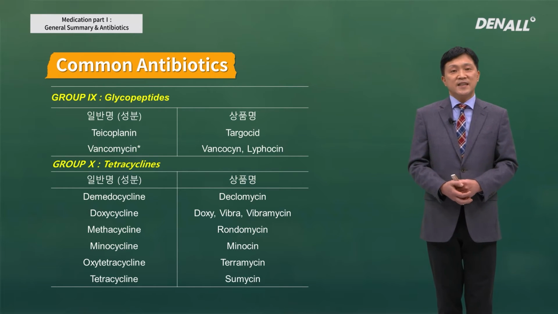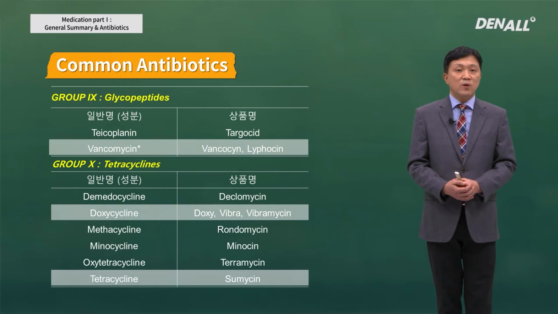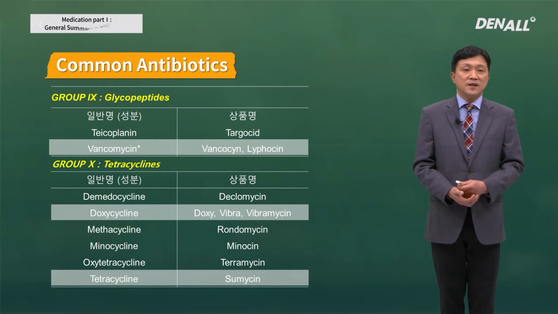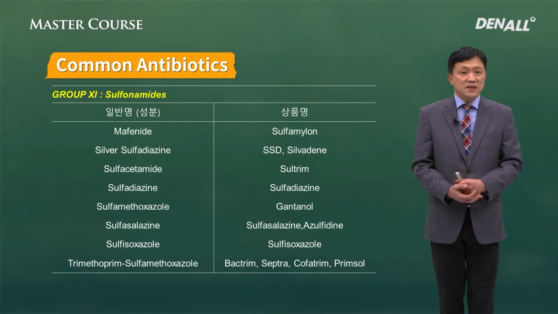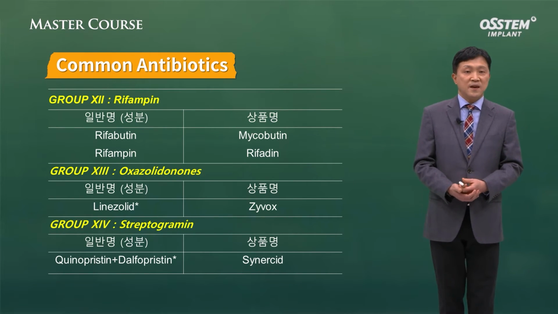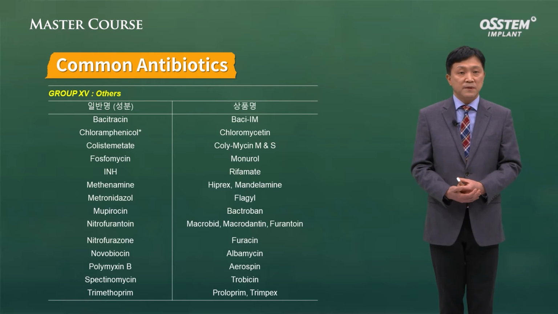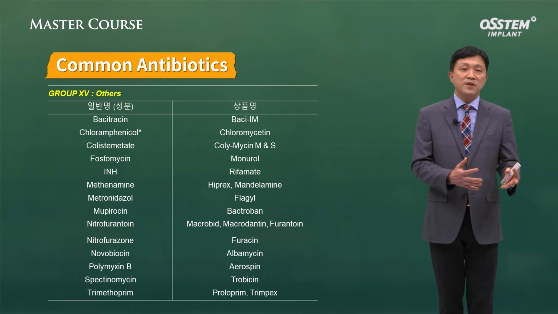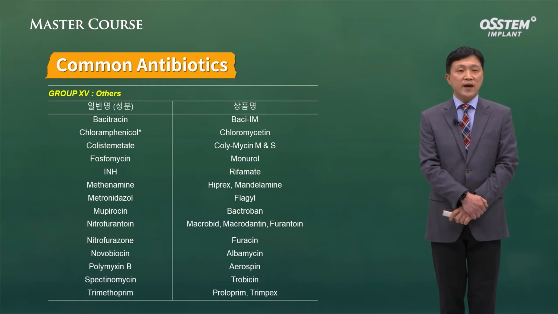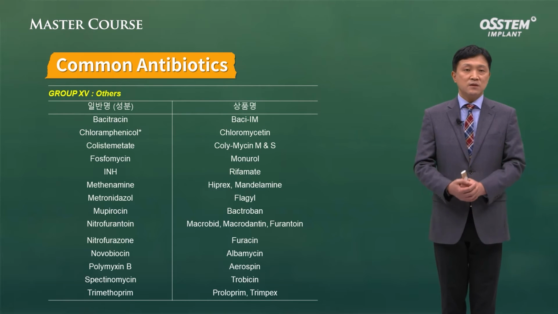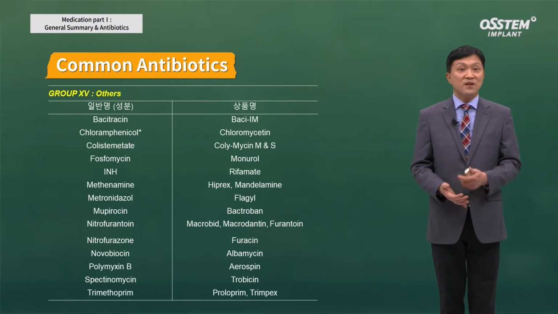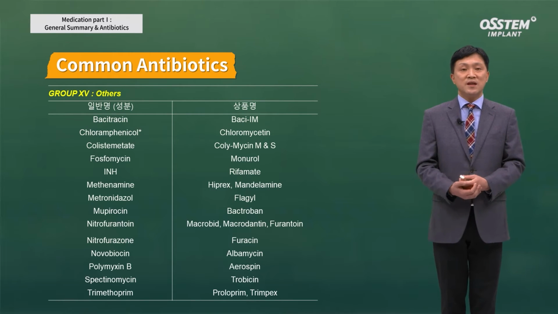Vancomycin, we haven't used it, but it is well known, and it is in Group 9, glycopeptides. Group 11, sulfonamide. Group 12, 13, and 14. There are many, and up to 15, the catch-all category. So there are so many types of antibiotics, but clinically, we use these common antibiotics for prescriptions.